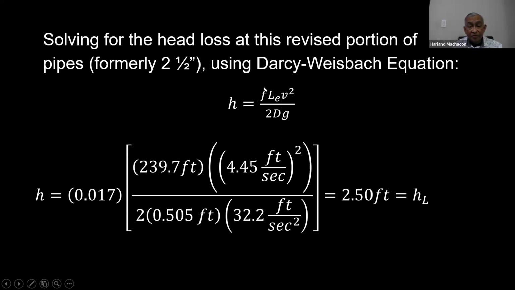You have the Moody friction factor f 0.017, the total equivalent length of 239.7 feet, the velocity of 4.45 feet per second, and we have here the inside diameter of the pipe, 0.505 feet, and the acceleration due to gravity, 32.2. The result is now down significantly to 2.5 feet.